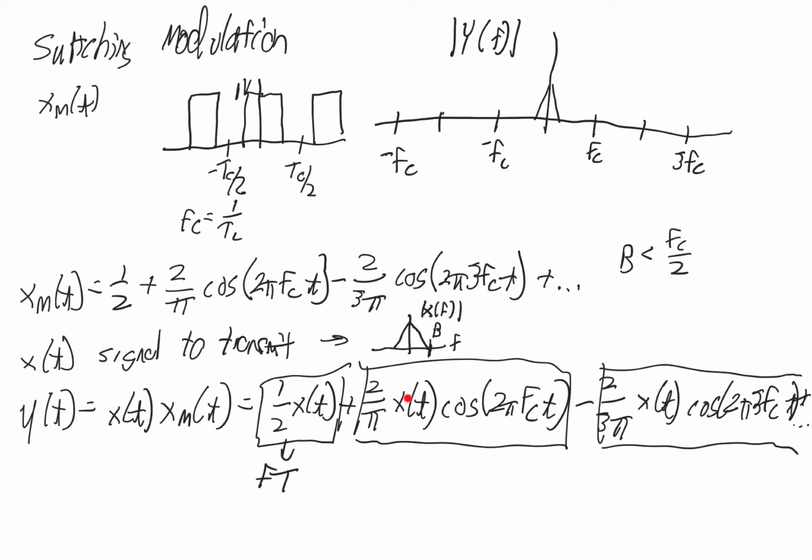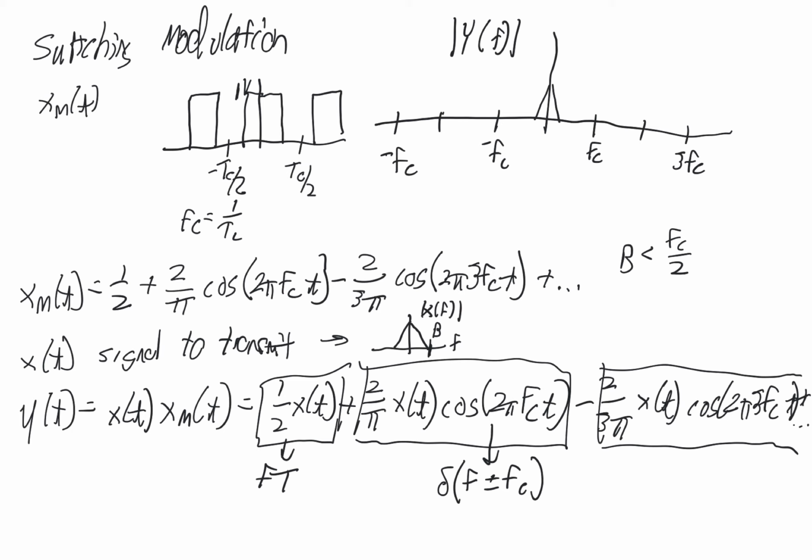I take x of t and I multiply it by the cosine. But remember from chapter 5, the cosine, when I take its Fourier transform, has impulses at plus and minus its frequency, which is fc. I'm writing this here in terms of frequency in hertz. You could also do it in radians per second, omega.